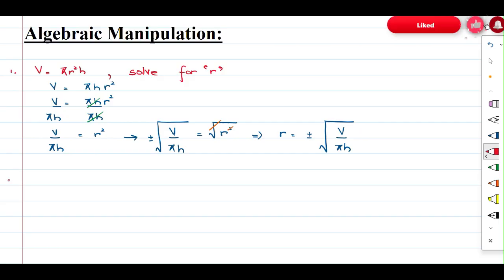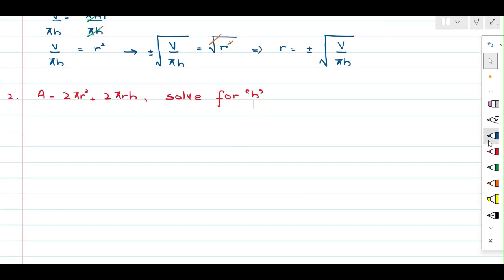Let's do another example. If I have A is equal to 2 pi r square plus 2 pi r h, and the question is to solve for h. Now let me solve for h. h is over here, so the other term shifts to the other side. A minus 2 pi r square is your 2 pi r h.